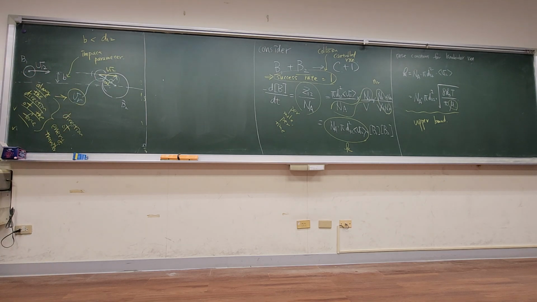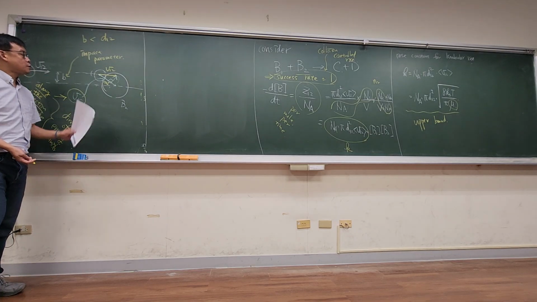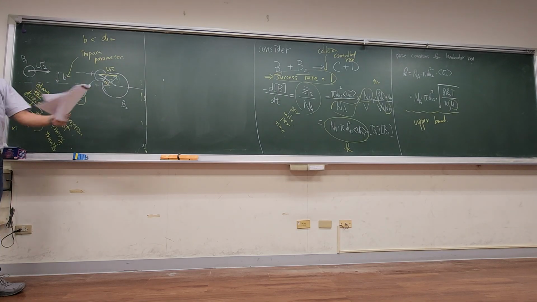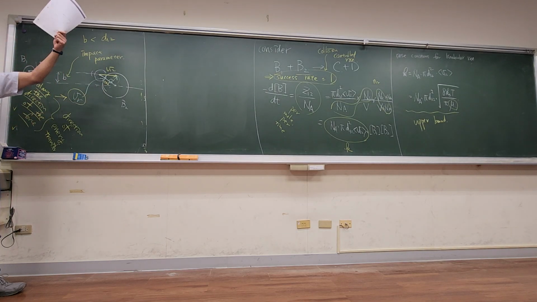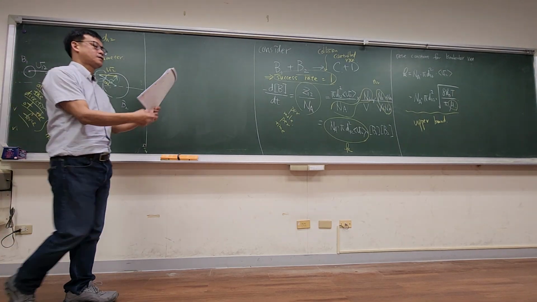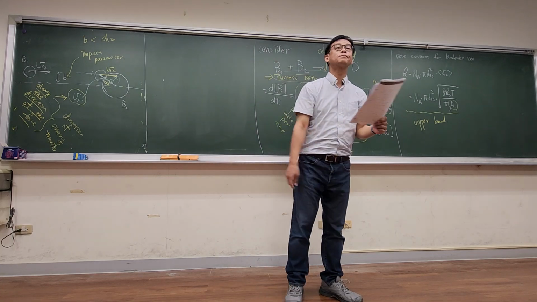If B is bigger than D12, then there's no collision. Nothing happens. So for a reaction to occur, B must be smaller than D12. And using the same argument, when B equals D12, there's no chemical reaction. They just pass each other. Nothing happens, because this is a hard sphere, there is no long-range interaction, nothing like that. Okay?